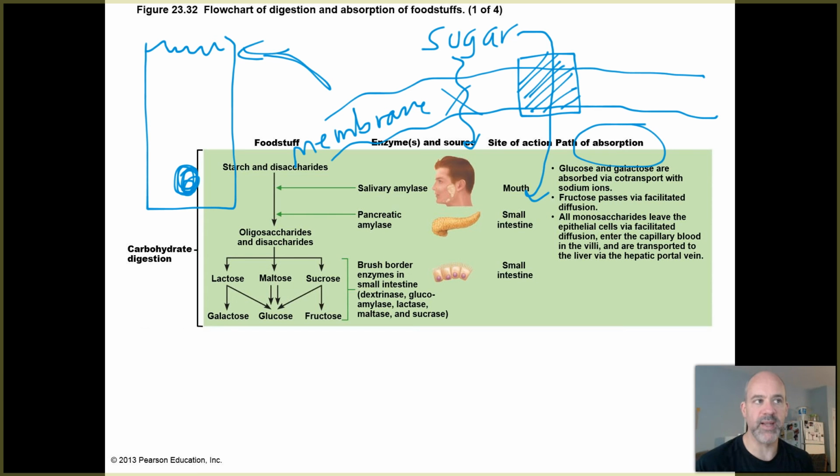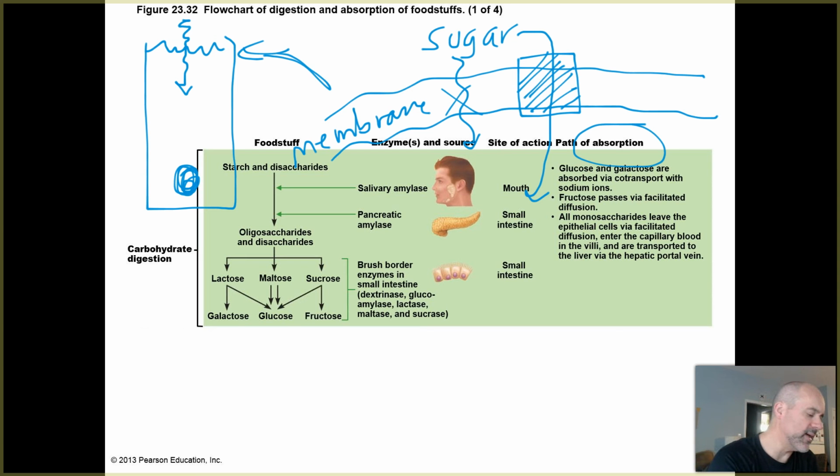So these products of digestion, these monomers, these building blocks that we're learning about, are going to be transported through membrane proteins into these epithelial cells that line the small intestine.